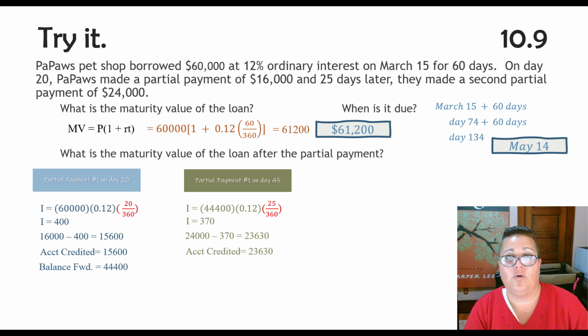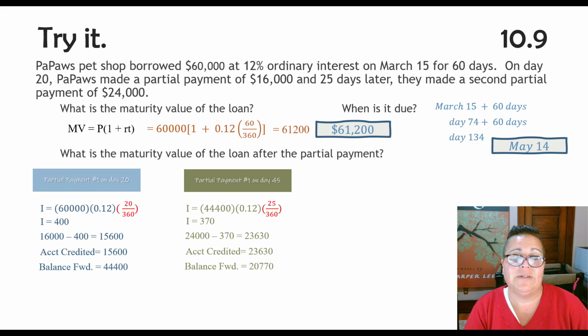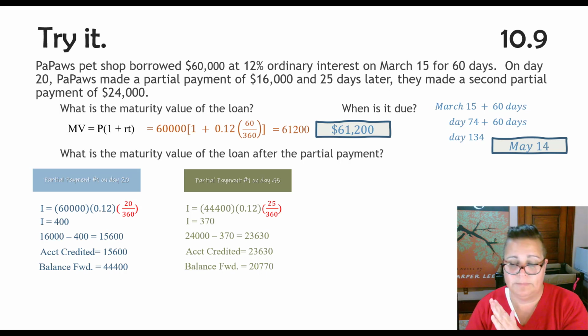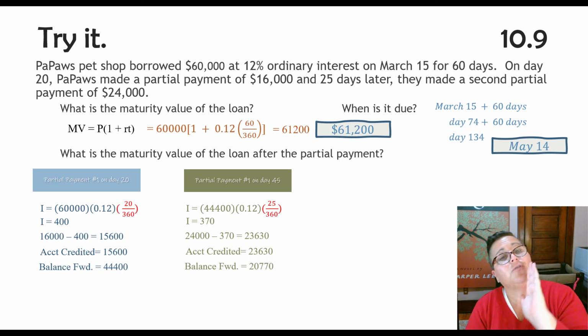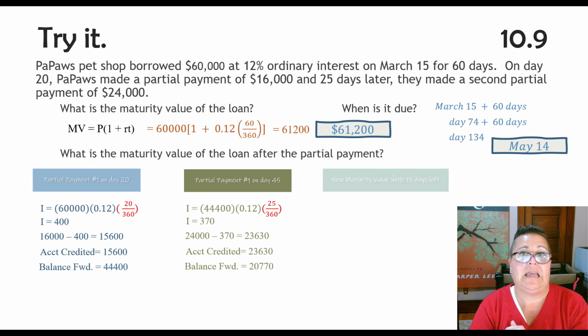Our balance forward then is our previous balance, the $44,400 minus the $23,630, or $20,770. Since there are no additional payments, the final amount of time until the due date of the loan will go from day 45 to day 60, 15 days.